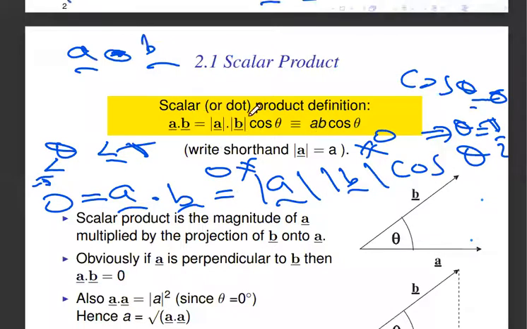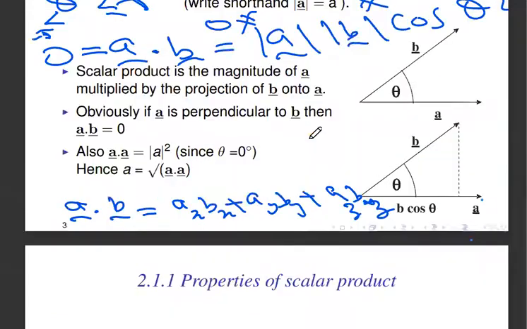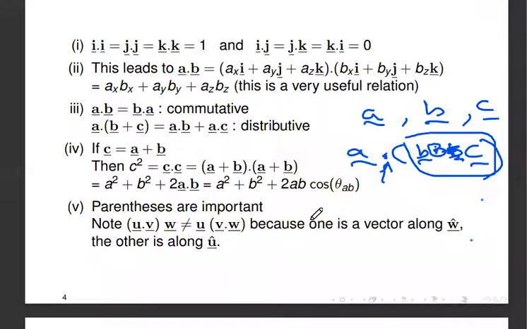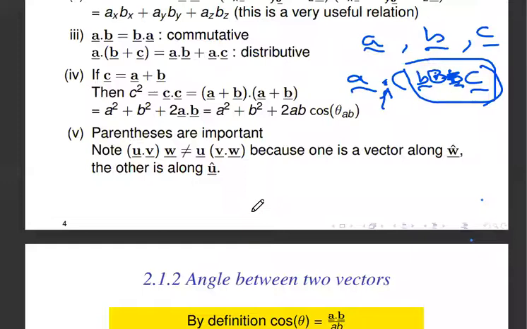This is called the scalar product. When you take the dot product between A and B, you get a scalar. So it is not a vector, right? So it's a vector product.